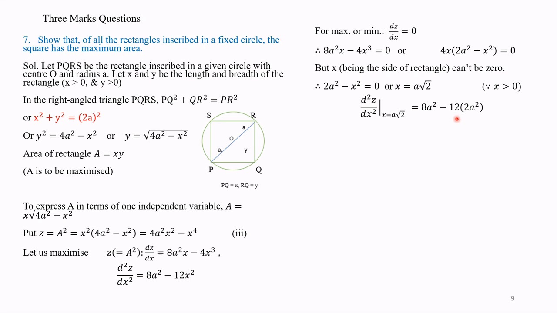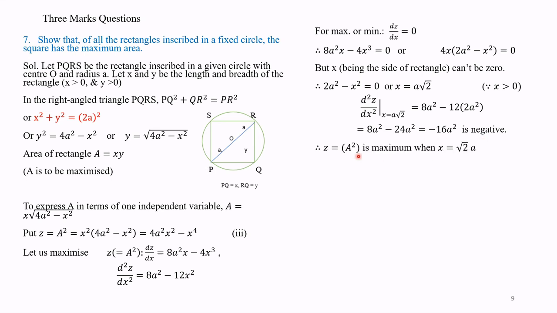Therefore, simplifying, we get minus 24a squared plus 8a squared is minus 16a squared. So, it is negative. Therefore, z is equal to A squared is maximum when x is equal to root 2 a.